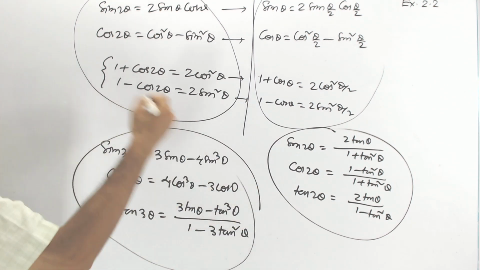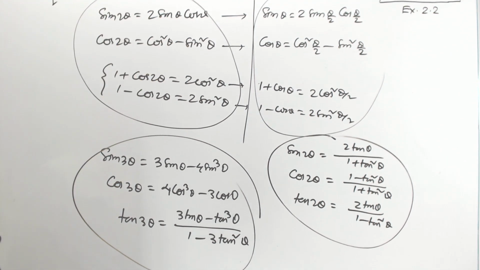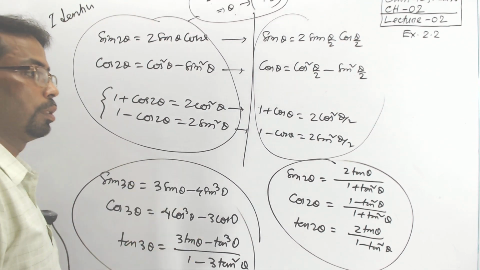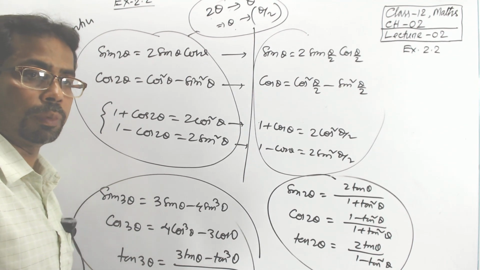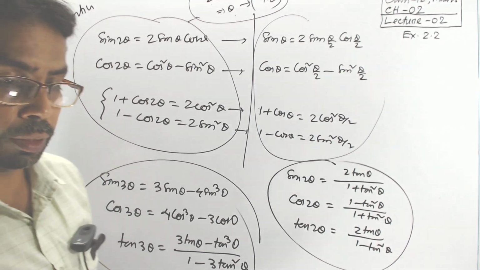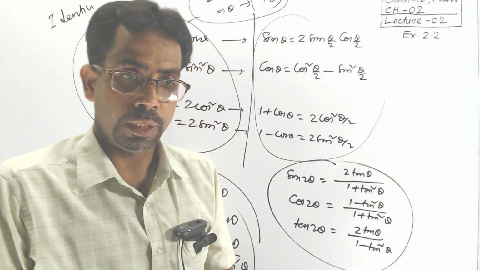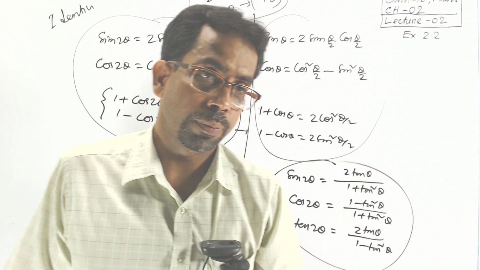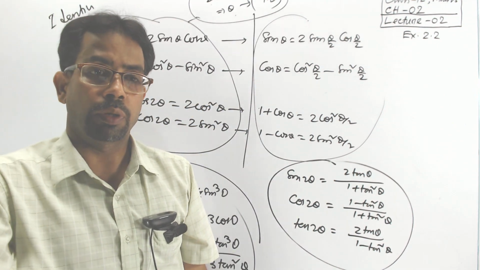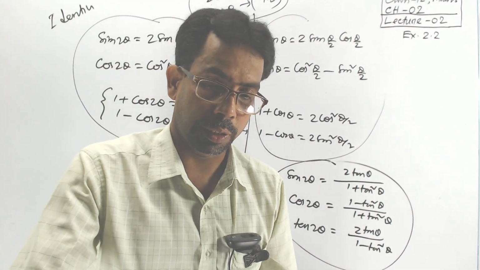So this is another set of identities. These are the identities we have used in this exercise, and we even need them in the miscellaneous exercise. So this is the end of this lecture, and in the next lecture, lecture 3, I'll give the solution of the miscellaneous exercise along with extra questions.